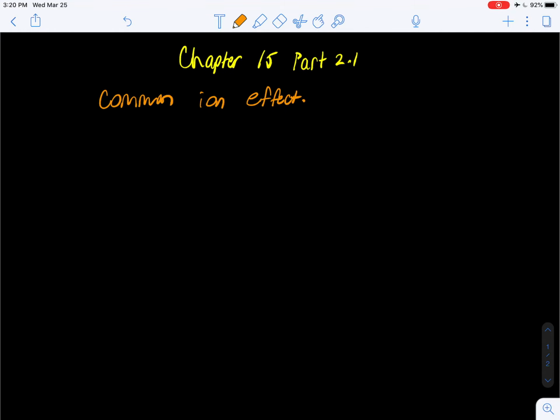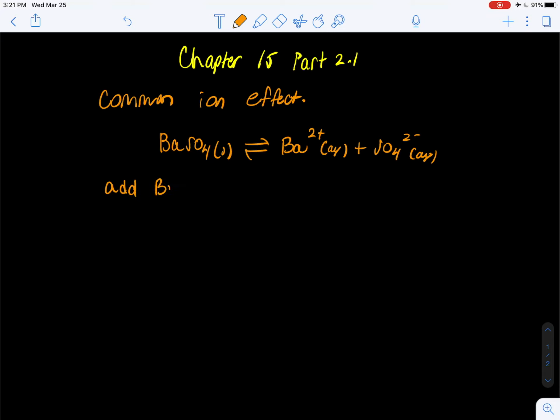So for example, if we have a solution of barium sulfate that's saturated with some solid at the bottom of the solution, this is the balanced chemical equation, and there's a KSP value and stuff like that. So if we add barium chloride, what happens?